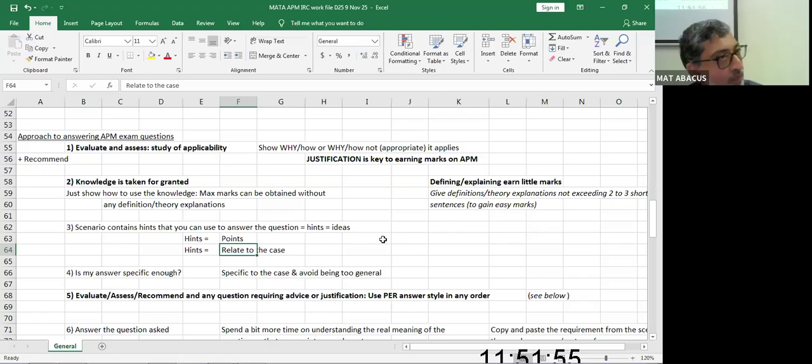Because this question has come often, some students have already learned the answer. And so what happens is they pick out, especially, the concept of maximizing shareholder wealth, maximizing shareholder value using EVA. It's come up so many times that it becomes repetitive.